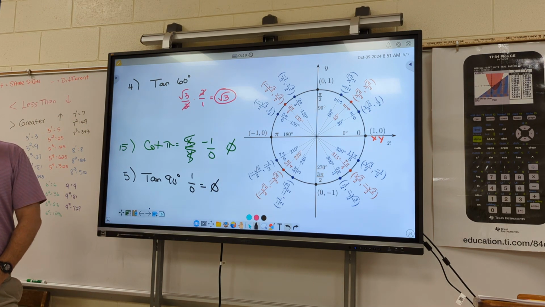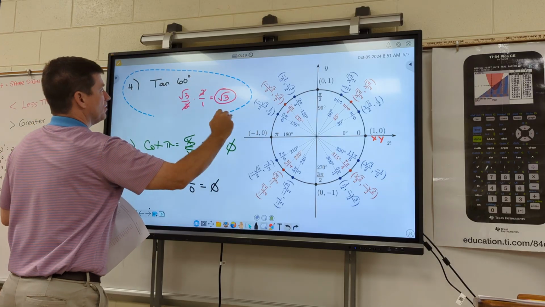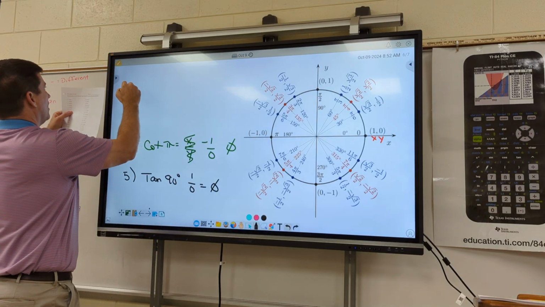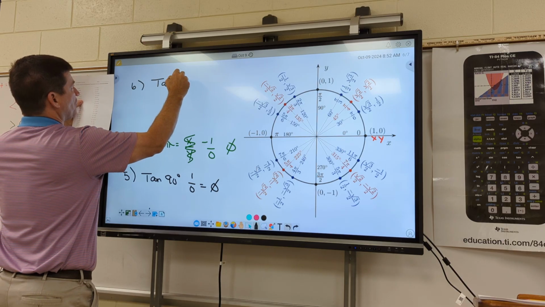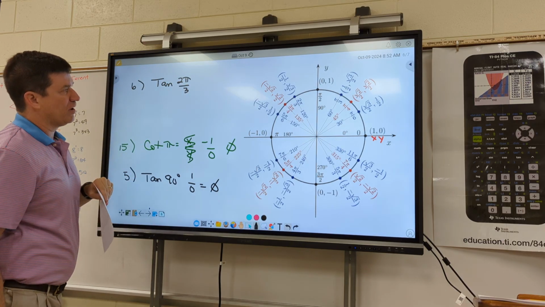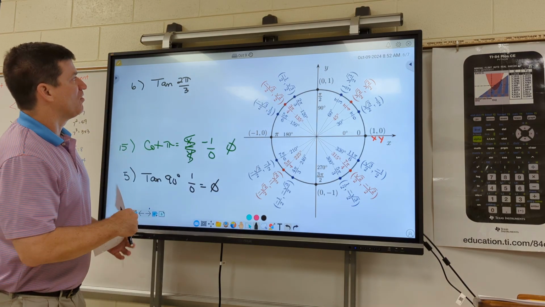What do you do if you have a negative square root? All right, which one are you talking about? Number 6. Let's do 6. We'll do as many as y'all need to do. Number 6 says tangent of 2 pi over 3. So where is 2 pi over 3? Right here. So I got to do y over x.